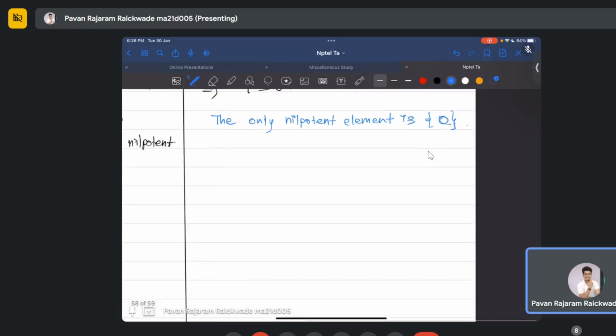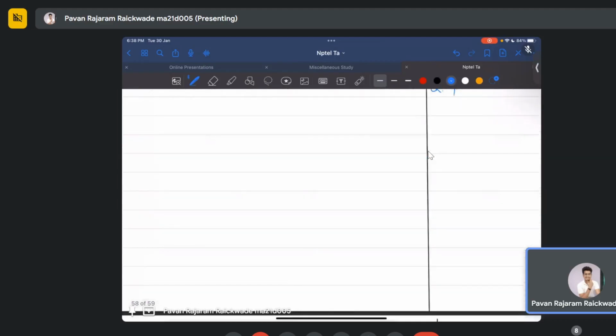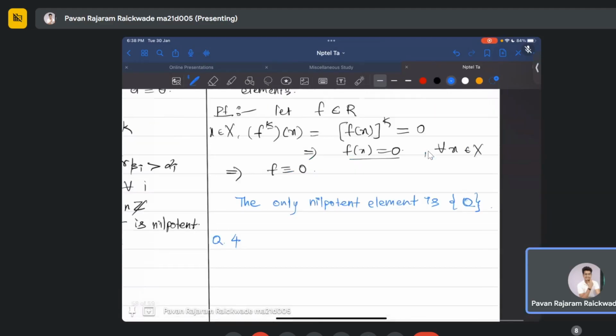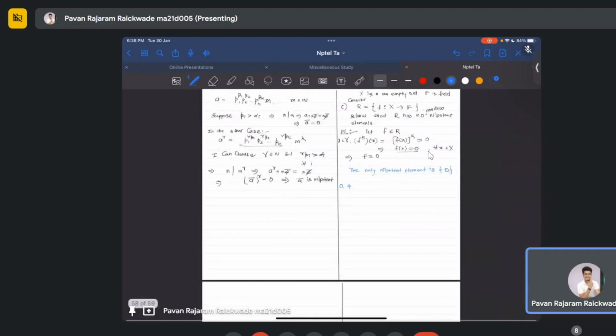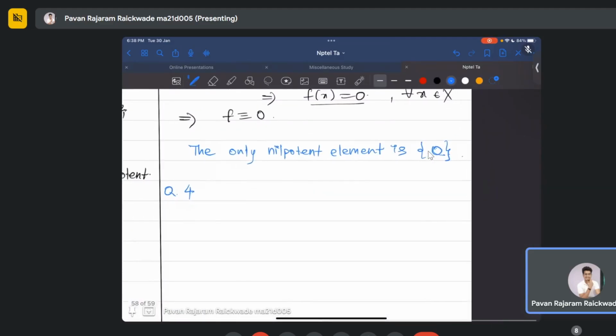Okay, so next question, number 4. Question number 4. Let R be a ring. Let R be a commutative ring in particular, commutative ring with unity.